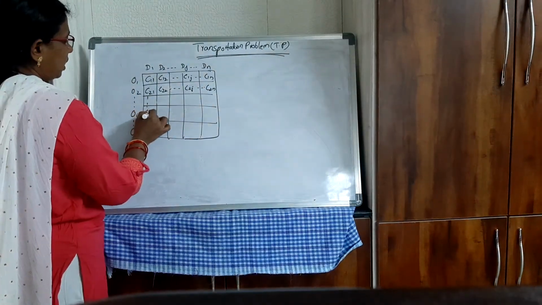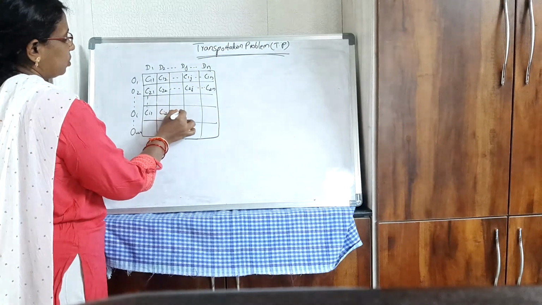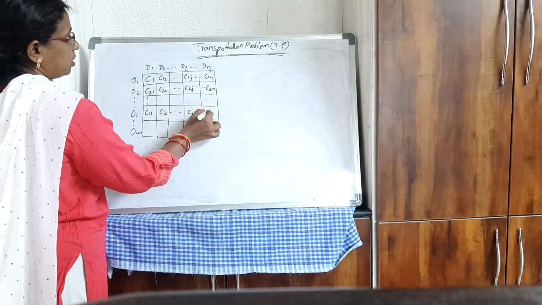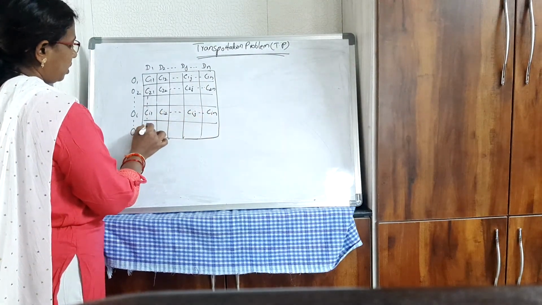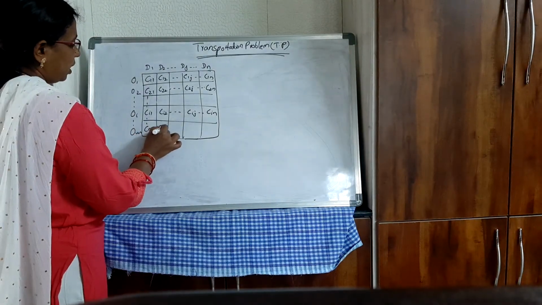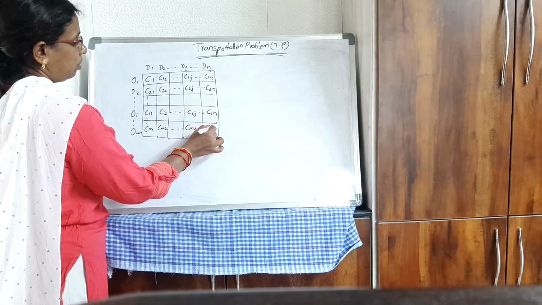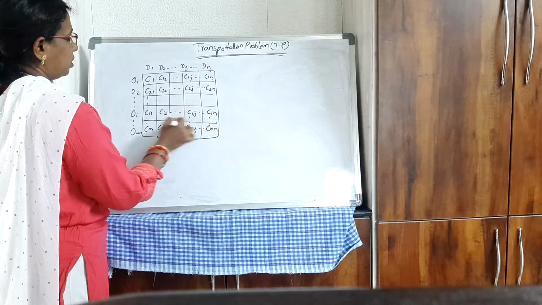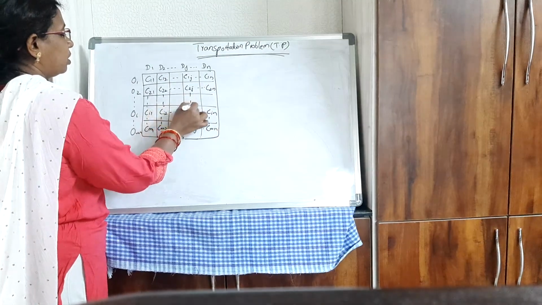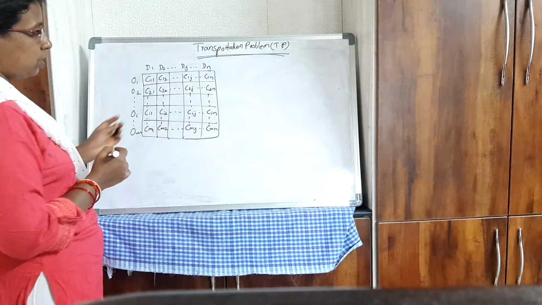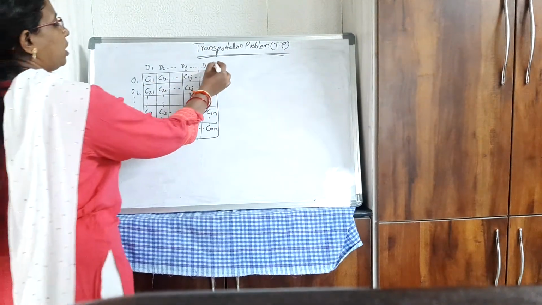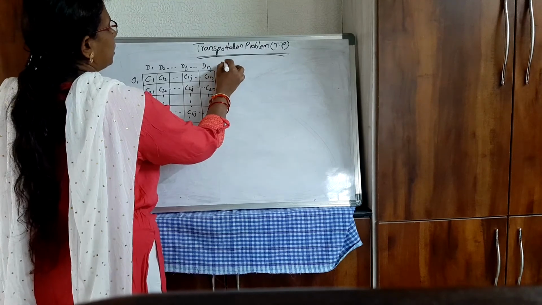Here you will have Ci1, Ci2, Cij, Cin. Similarly Cm1, Cm2, Cmj, Cmn. So this is a transportation table.